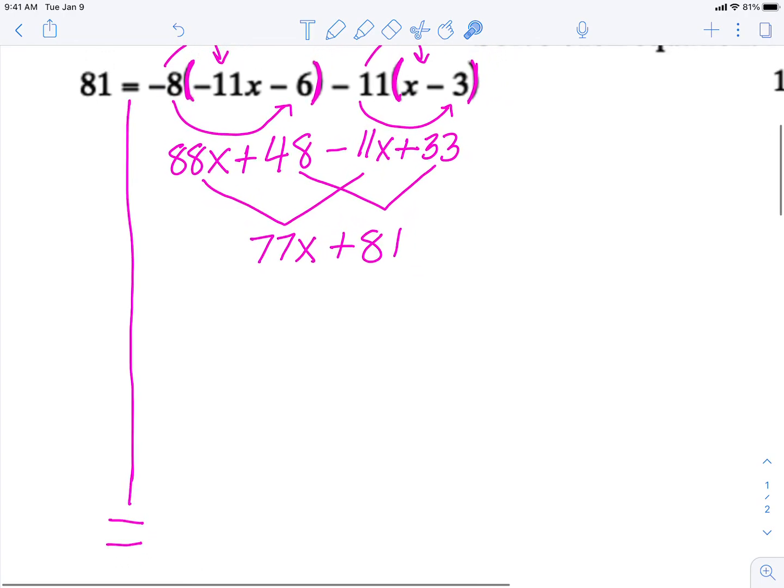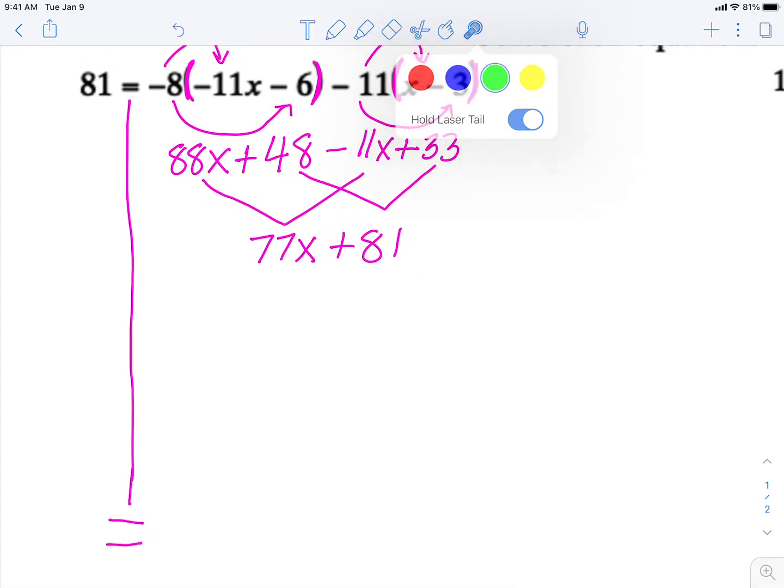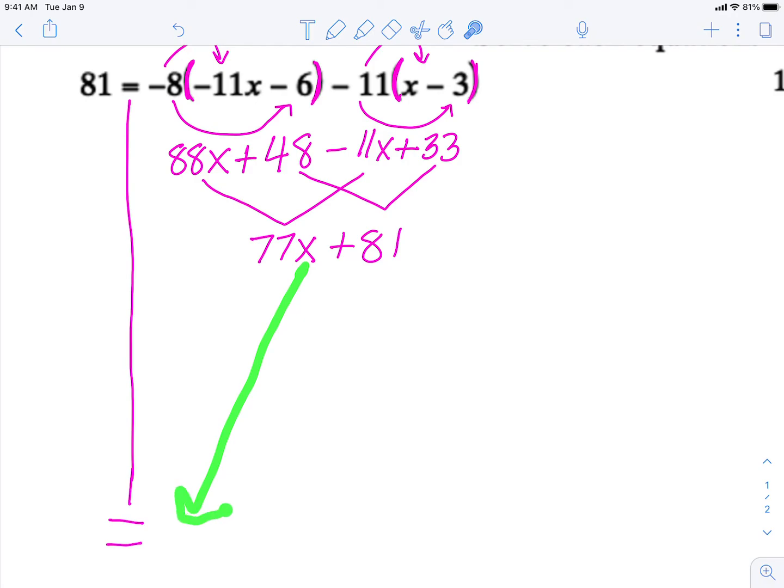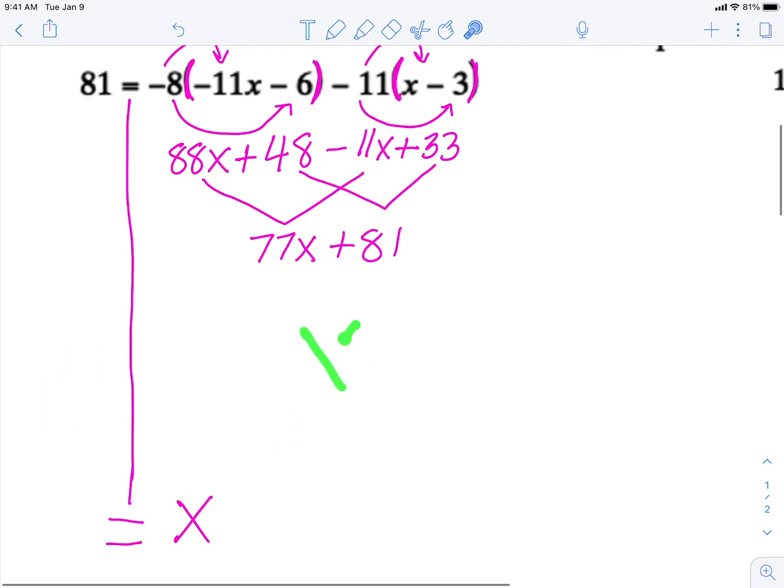So since my x is over here, I want to bring this x down here, just like that. So if my x's are on this side, then my numbers are going to be on this side. So my x's are here, my numbers are here.